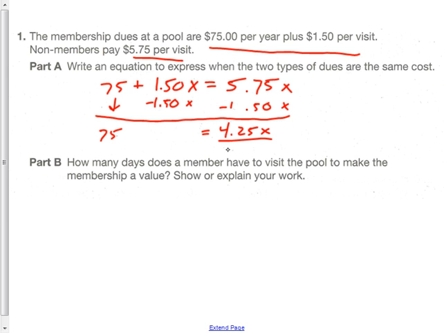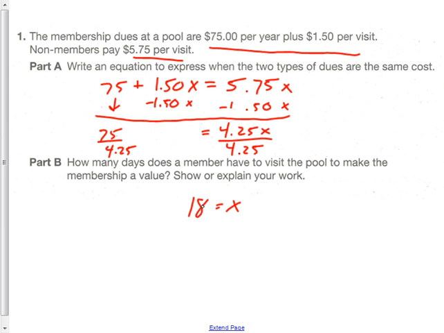Now, when we divide by 4.25 on each side, you're not going to get a nice clean number, because when you do 75 divided by 4.25, we get like 17.647058882, and so on and so forth. So basically, we don't need to find an exact number, but as a member, we need to go to the club at least 18 times to make it worth it.